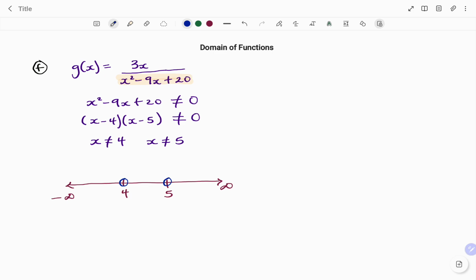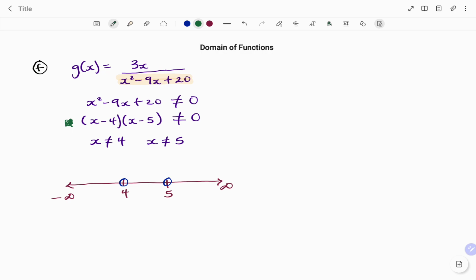If I test all my points, and testing all my points means testing values less than 4, if I use this factored equation, then I'm going to have a valid value. That is, I'm going to have a negative number.